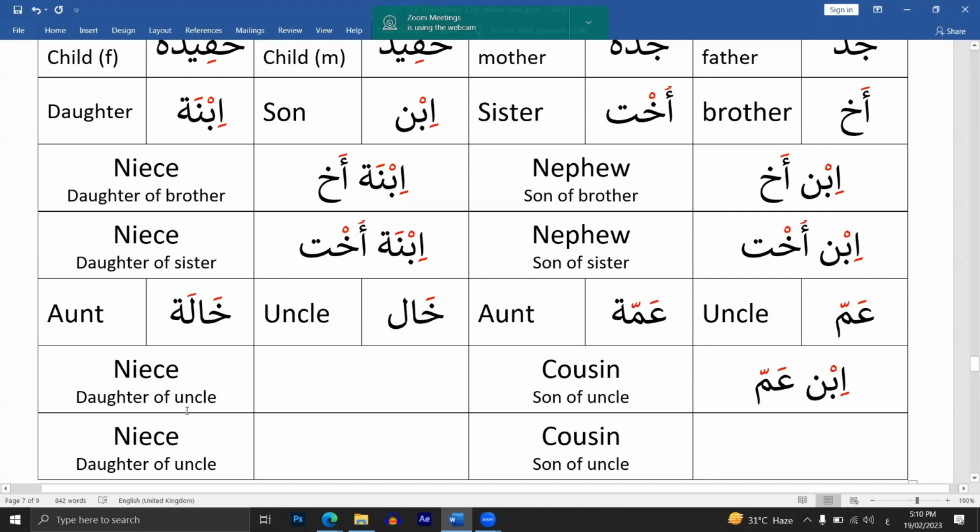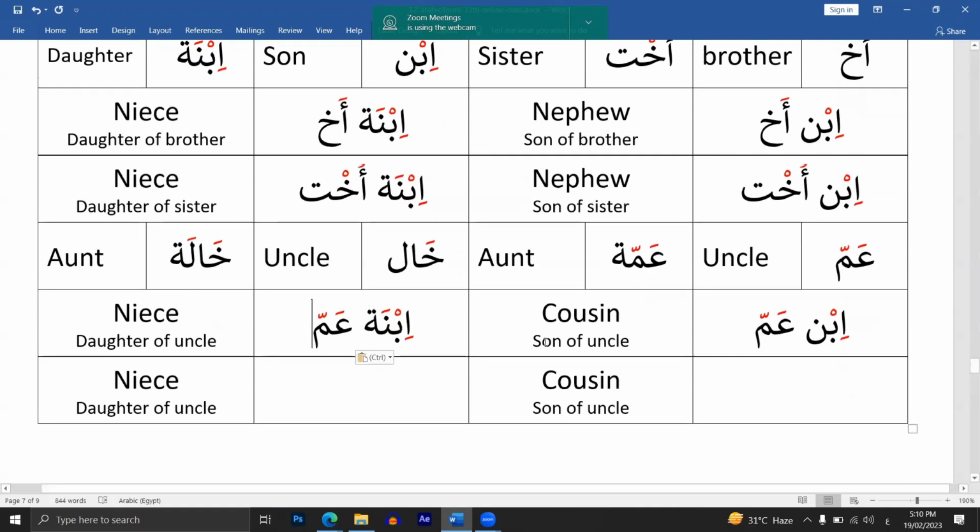Then daughter of uncle. Where is daughter? Ibnah. And then uncle means am. Ibnatu am. And then again, son of uncle, which is khal, the brother of mother. Here is son again, ibn, and then khal, ibnu khal. And niece, daughter of uncle, here is ibnah.